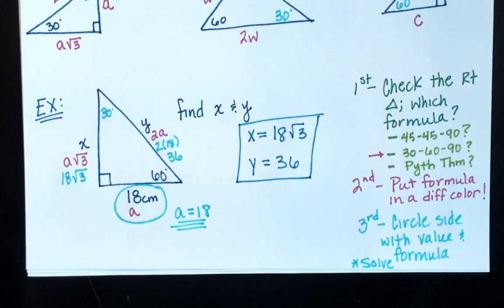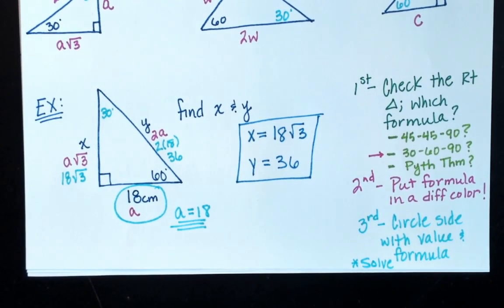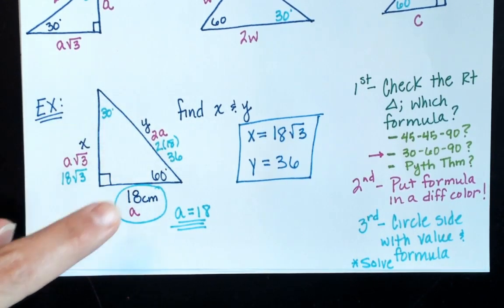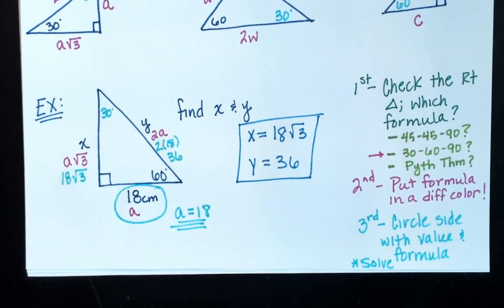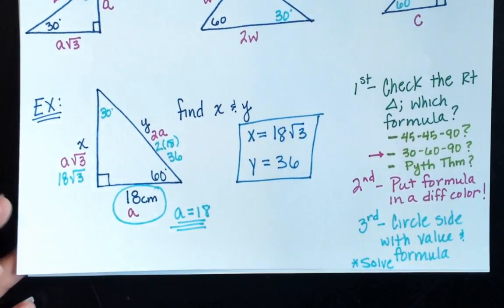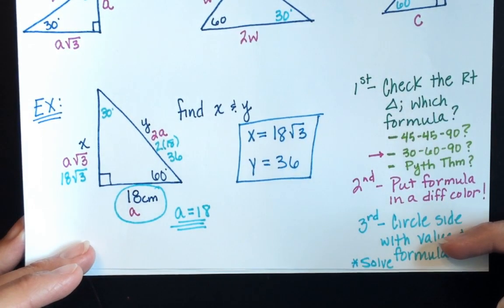And we're done. So we looked at our triangle and decided which formula is going to work best. Once we figured out that formula, we put it around our triangle, we circled and solved, and then listed our answers appropriately. So, a couple more examples and we're done, but you're going to see that I'm going to go through those 3 steps every time.